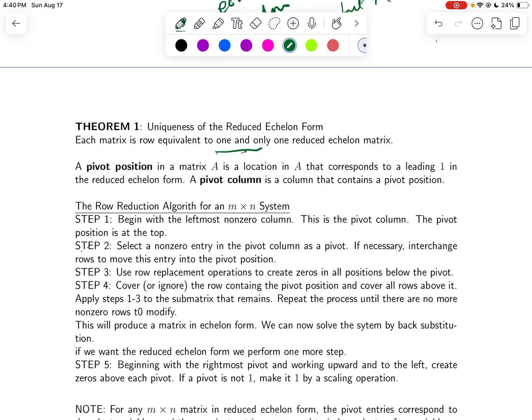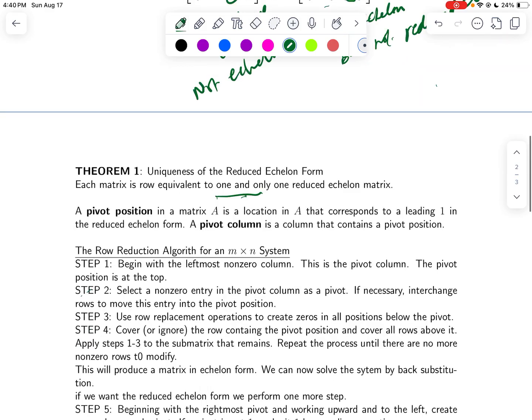The second step you do is select a non-zero entry in the pivot column as a pivot. If necessary, interchange rows to move this entry into the pivot position. So if in the first row, the first position has 0 in it, then we have to interchange that first row with some other row, so that we get a non-zero entry in the first position.